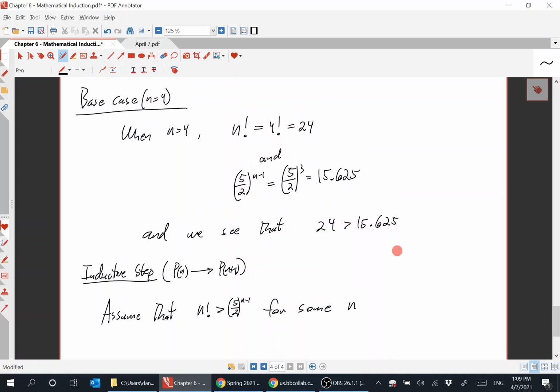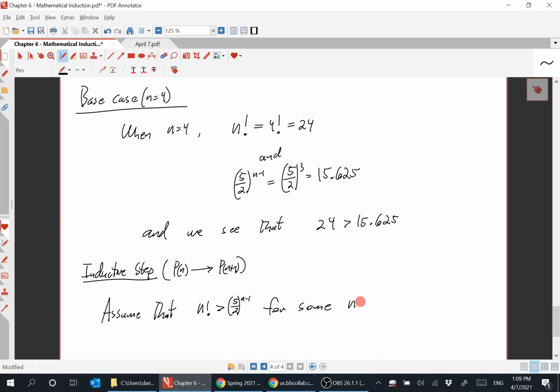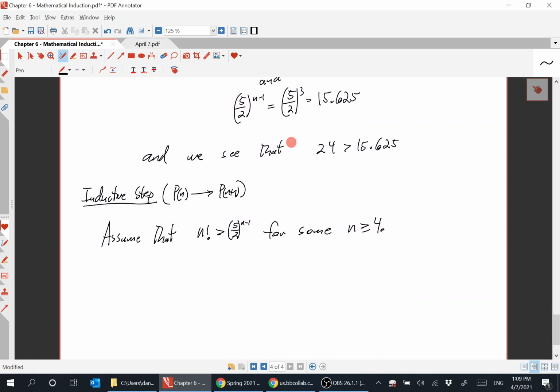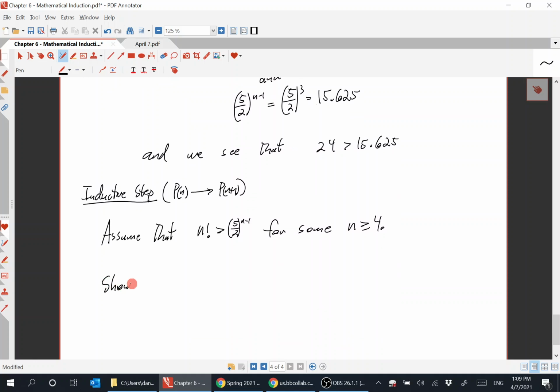So the domain here we're talking about is n bigger than or equal to 4. Show that n plus 1 factorial is bigger than 5 halves to the n is true as well.